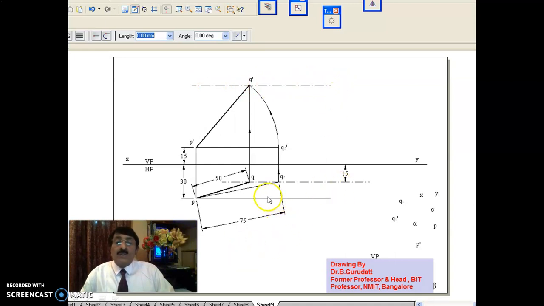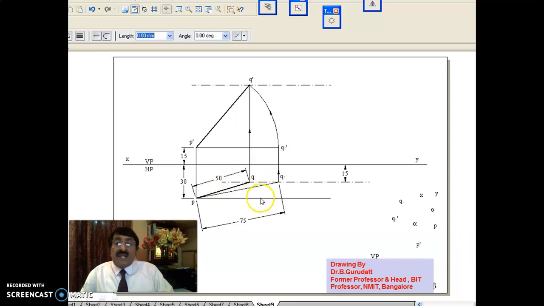Wherever it cuts Q dash, there you draw the locus. Now, as you know, three parameters are already given. One is 15, locus in the top view. One is true length, one is top view. That means you have to measure all other things. This is alpha. Alpha means the apparent inclination of the line with respect to HP. Then this is beta, the apparent inclination of the line with respect to VP.